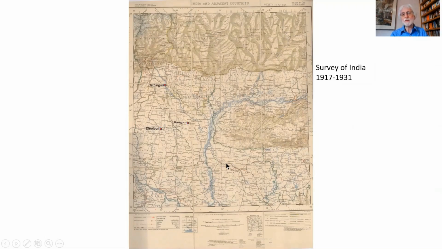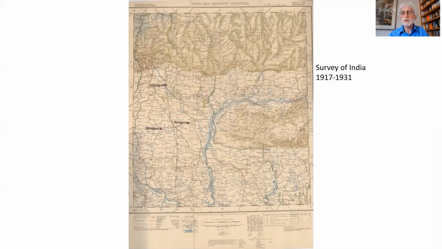The much reduced Brahmaputra former course, the old Brahmaputra, meanders through to join the Meghna here. This is the Ganges. The Teesta again through Jalpaiguri, north of Rangpur, and Dinajpur is over here to the west. Pretty much the same as the present river system 100 years ago.